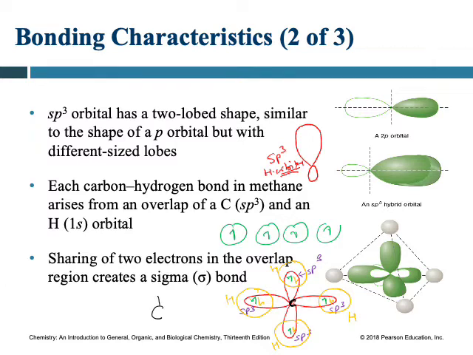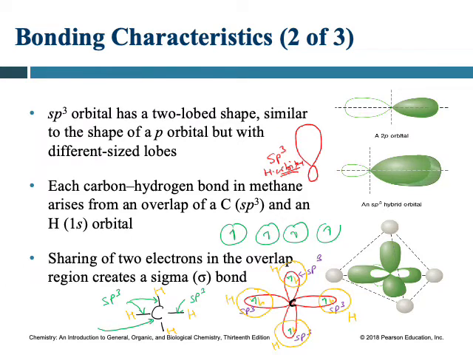So this is carbon, this is bond, this is bond, this is bond, this is bond, and this is hydrogen, right? And these bonds are sp3 hybridized bonds, right, they form by sp3.